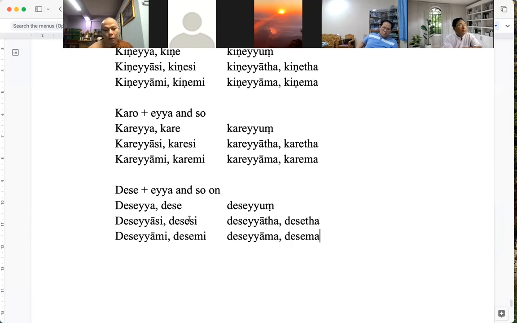So here, in the base ending in A, DC is exactly the same as the base, and also here DCC and DC ta, so DC mi, DC ma. So they are actually contracted forms of DCRC, DCRTA, DCRMI, DCRMA.